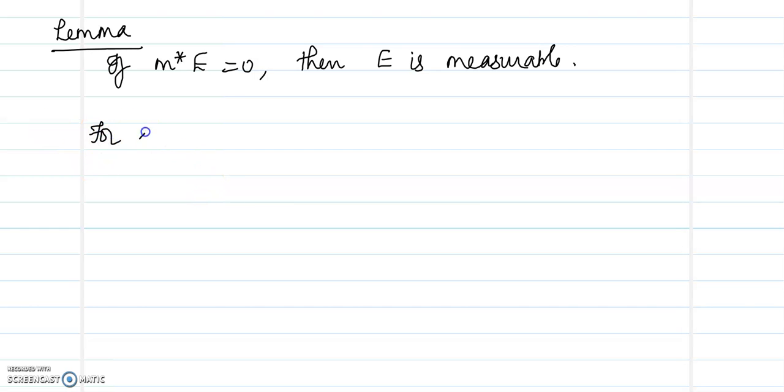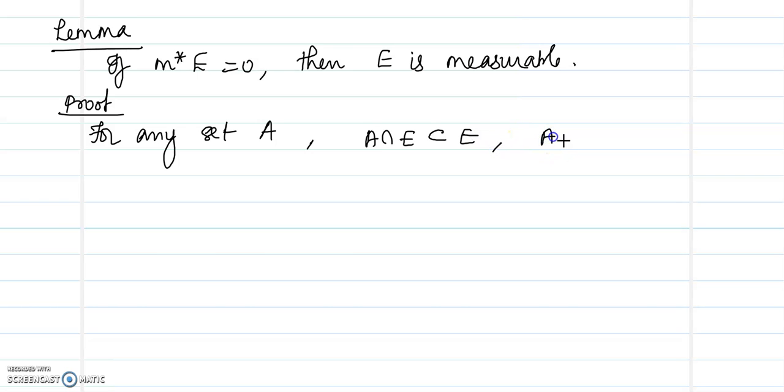Let us prove the result. Consider any set A. Then A intersection E will be contained in E, and A intersection E complement will be contained in A.